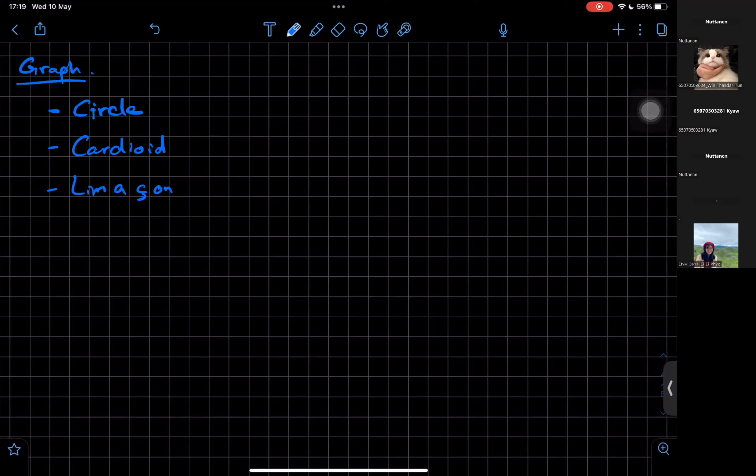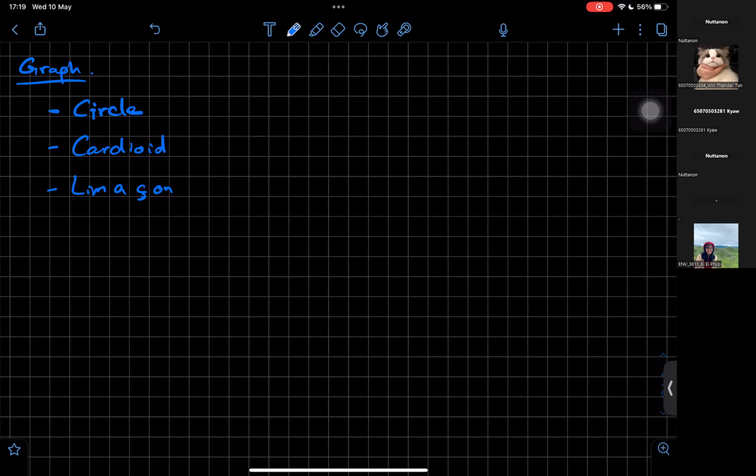I think these 3 graphs are what you're going to see most of the time. There are other graphs like the rose graph, the spiral graph, and many more. You can go and study yourself.